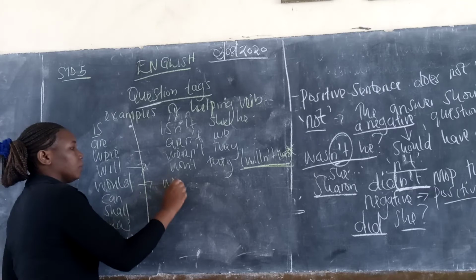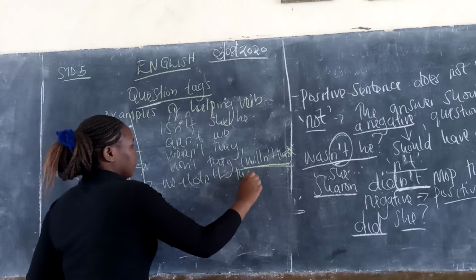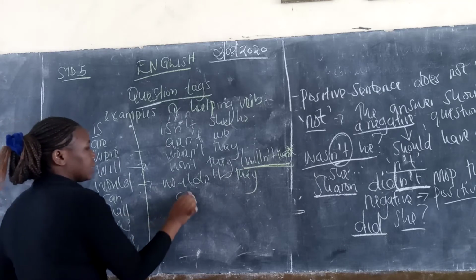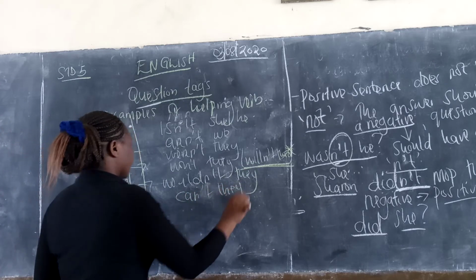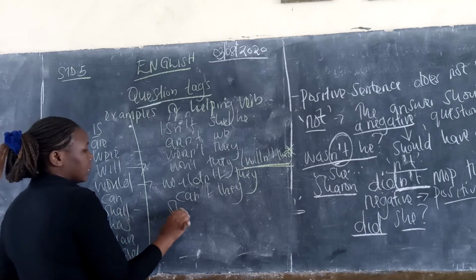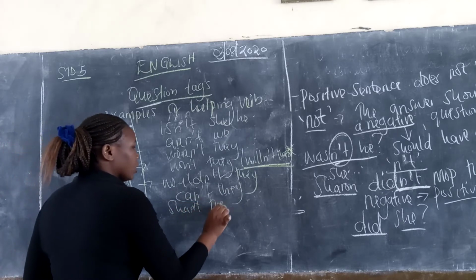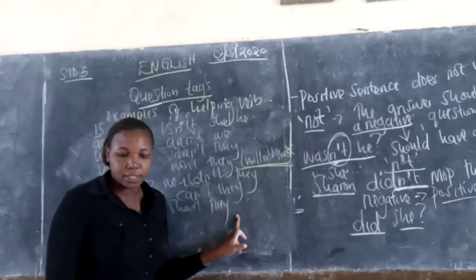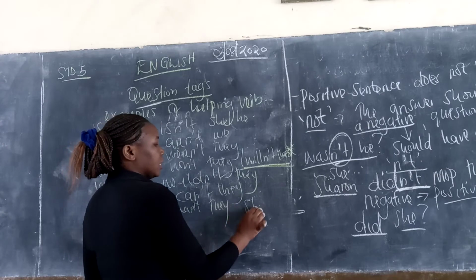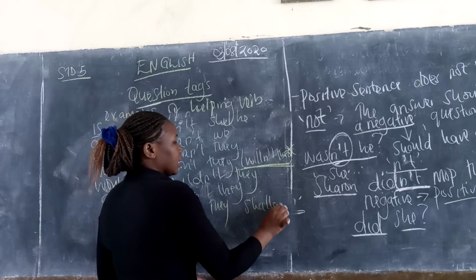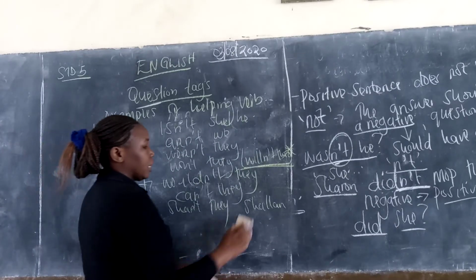Would, wouldn't they? Can, can't they? Shall, shan't they? You cannot say shalln't they. That is wrong. You should say shan't they.